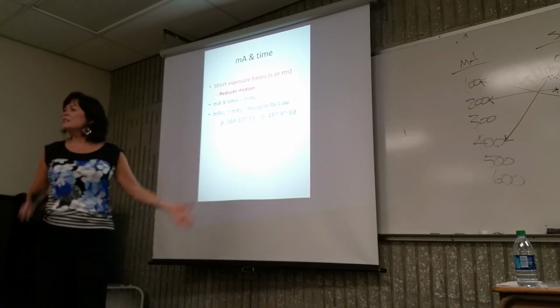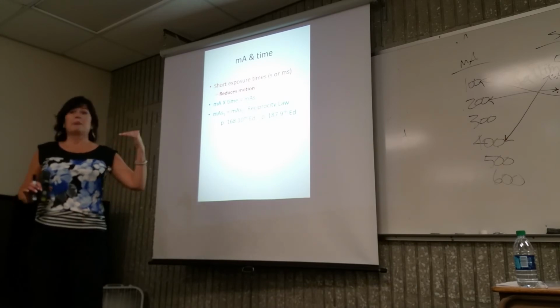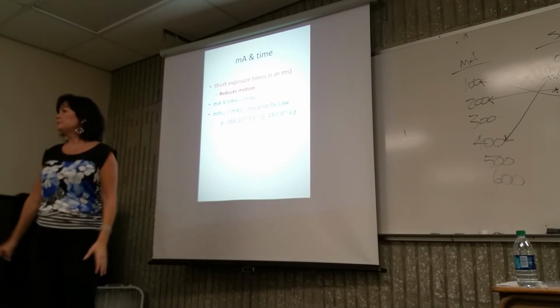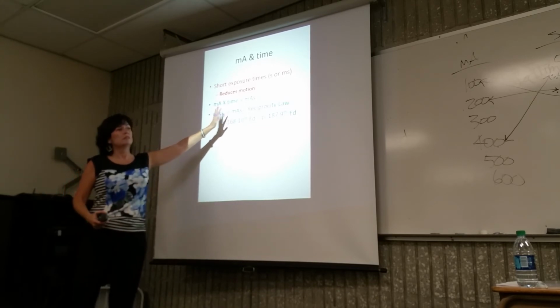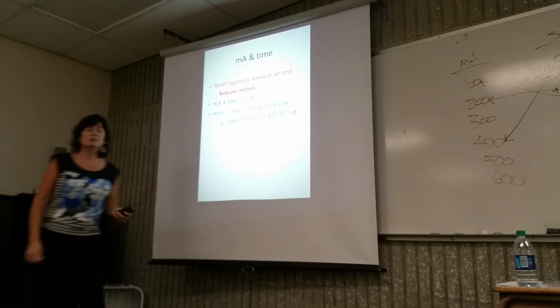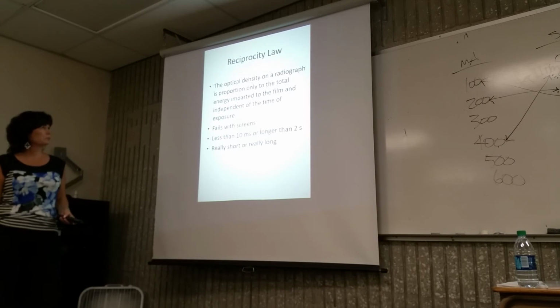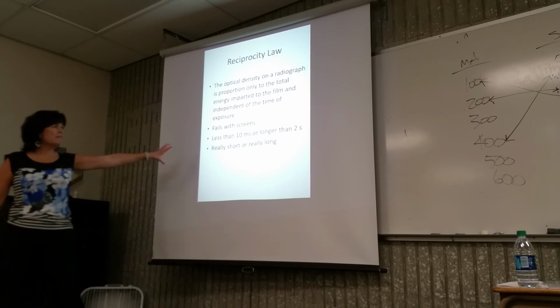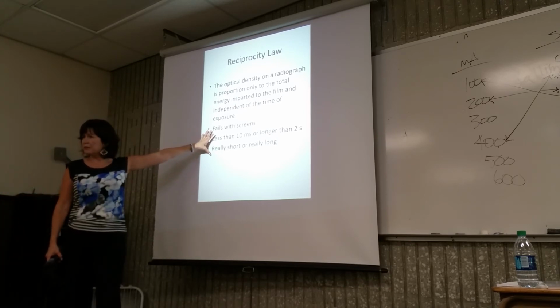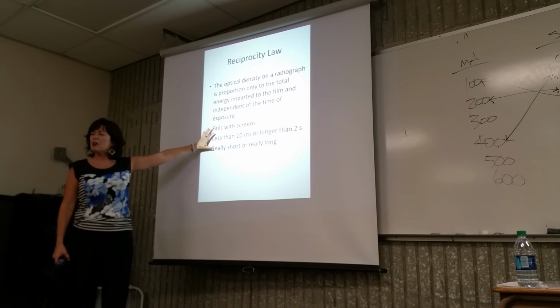Okay, but the reciprocity law is 10 mAs is 10 mAs, no matter what MA and time combination that you use. This is for film screen, so we can disregard this.